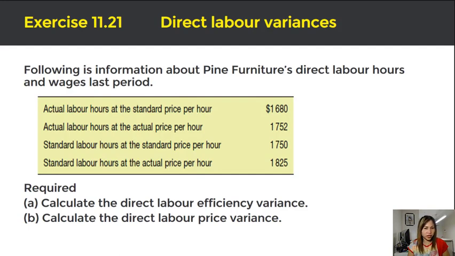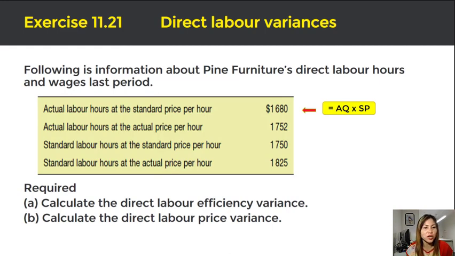Okay, efficiency variance. What are we focusing on here? With efficiency, we need to compare standard hours and actual hours. What about price? We need to compare actual price and standard price. So let's look again at the four different types of information that we have in the table. The first one is actual hours, or actual quantity, times standard price.